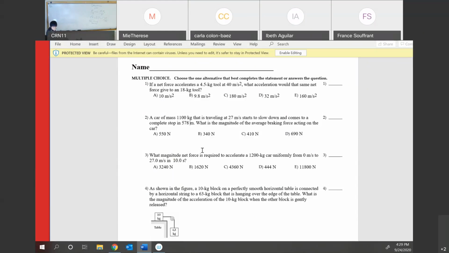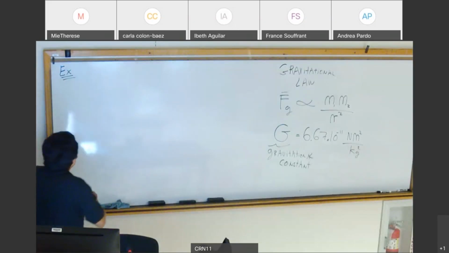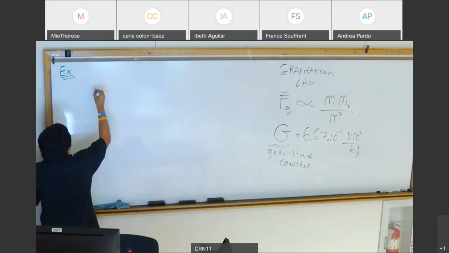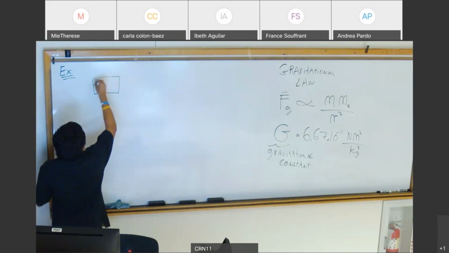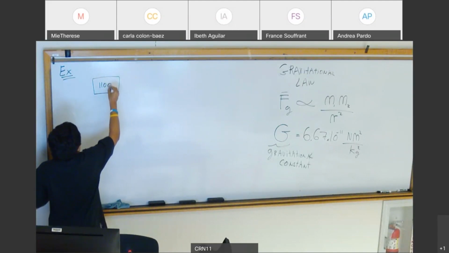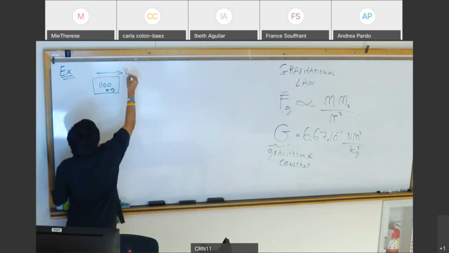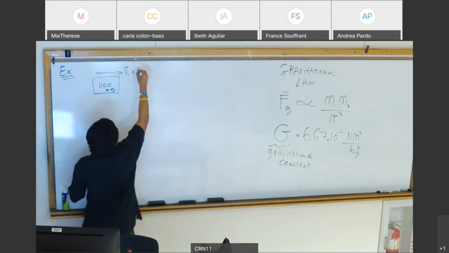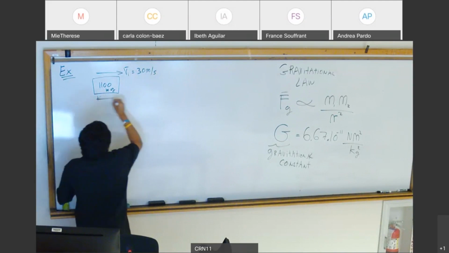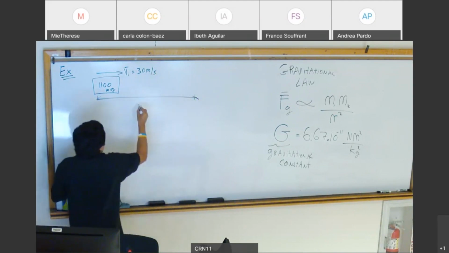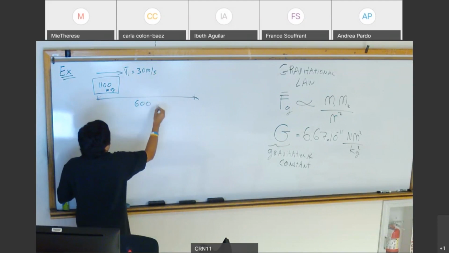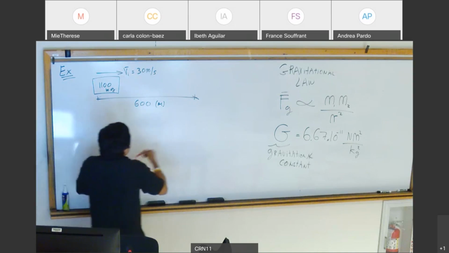So actually, for that example, if they give you a mass of, for example, 1100 kilograms, and it's traveling at some initial speed, after traveling this distance, it could be 600 meters. I'm just making up the numbers right now. It will stop here, right?